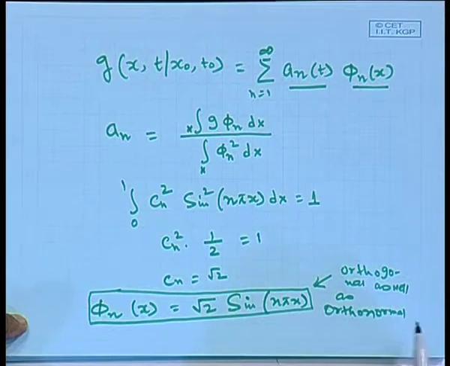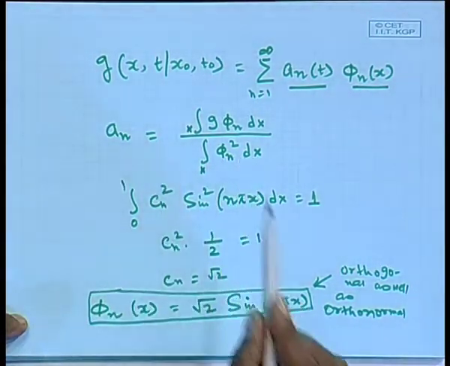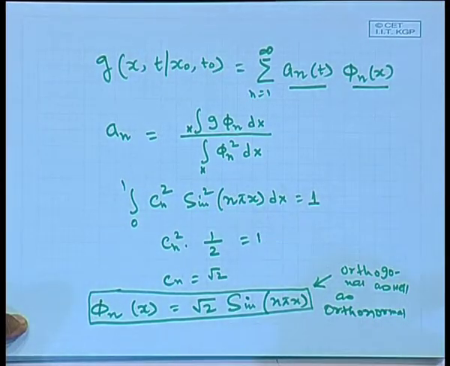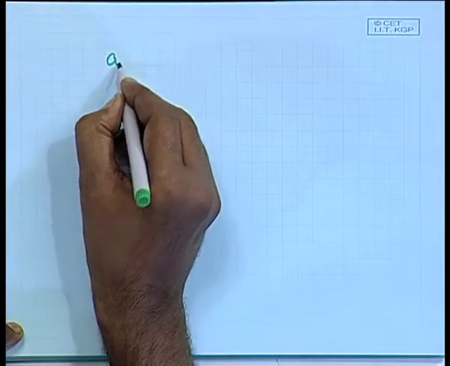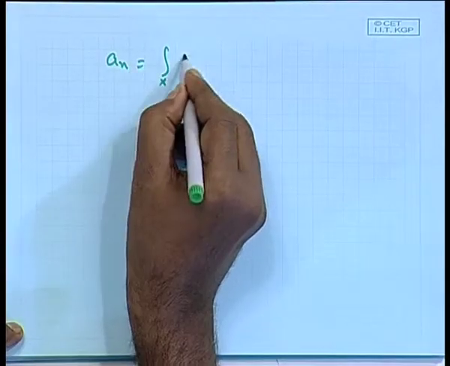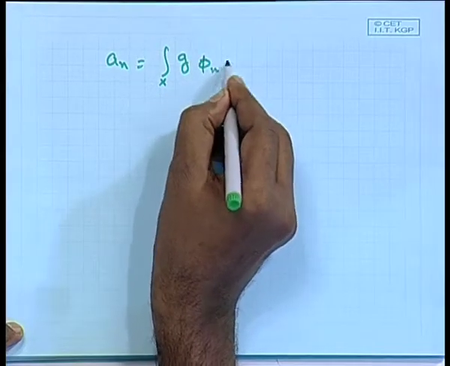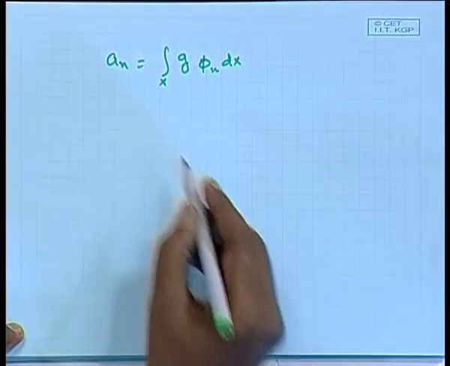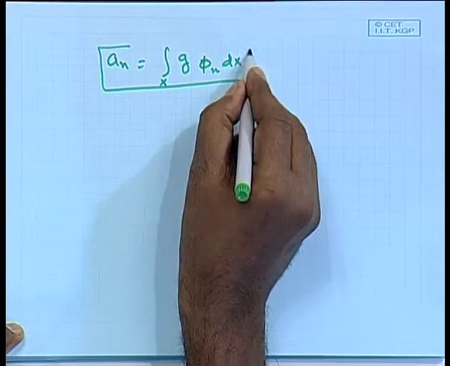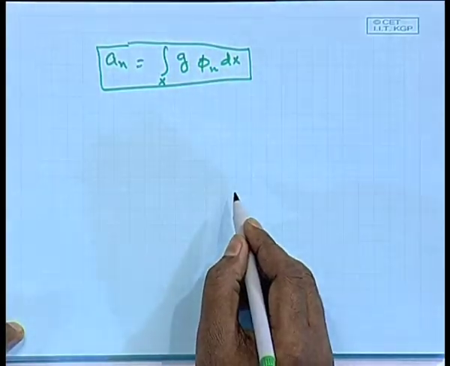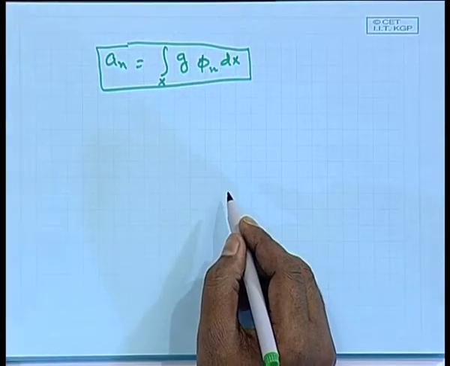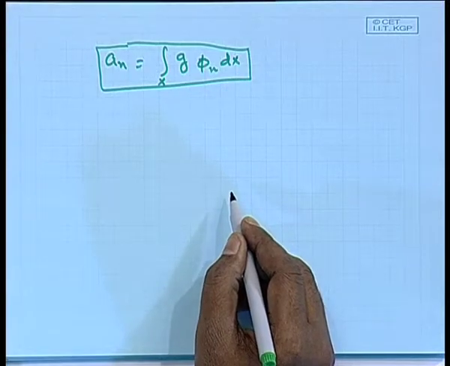So, what simplification will it lead to? It will lead to the denominator of a n, which is a function of time, becoming 1.